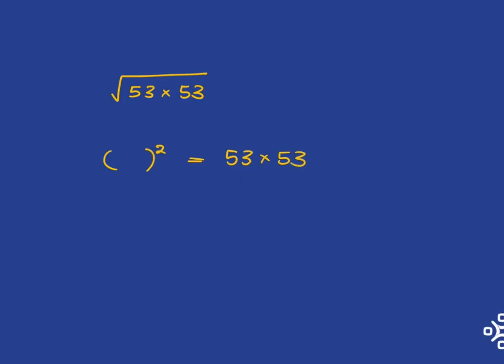Well, what number must I put in over here to get 53 times 53 as the answer? The number I have to put in there is 53, because 53 squared means 53 times 53. So, the square root of 53 times 53 is 53.